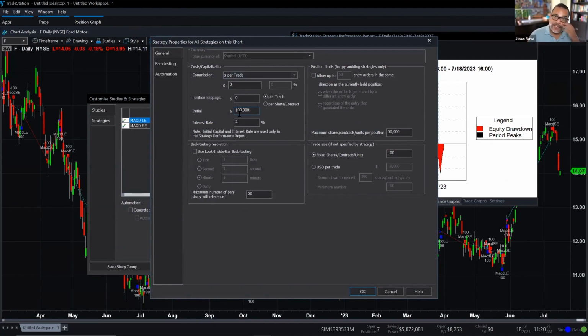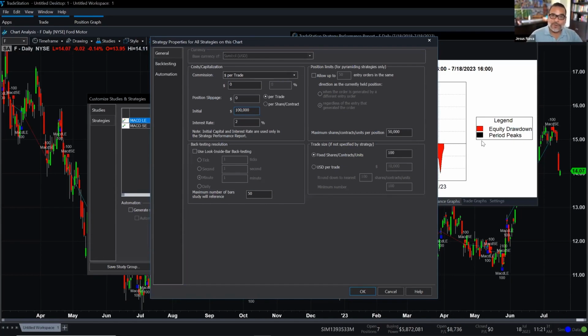There are some calculations in the strategy performance report where this value is used. It's not used in the strategy's ability to generate signals. The strategy will always assume that you have enough money in your account to submit a trade. But there are some calculations inside the report that use this starting point of 100,000, not used in the running of the strategy, used in the report only. I want to emphasize that.